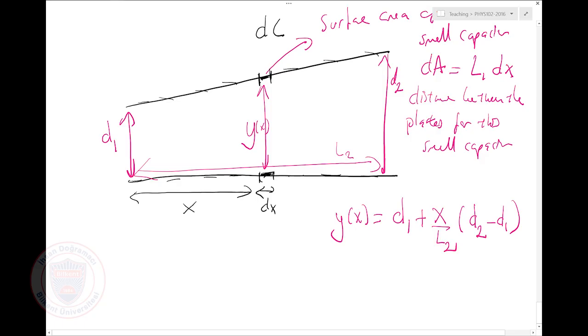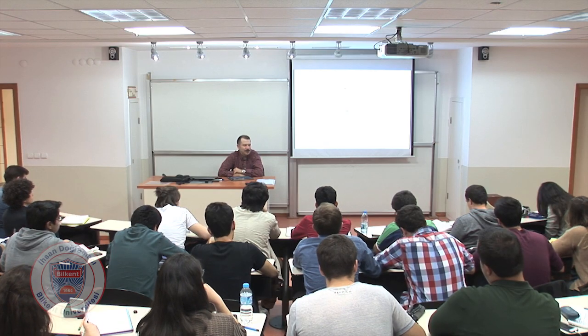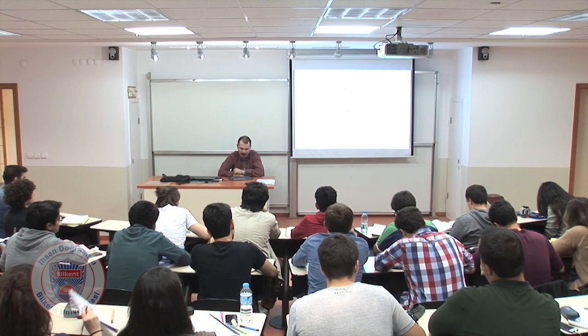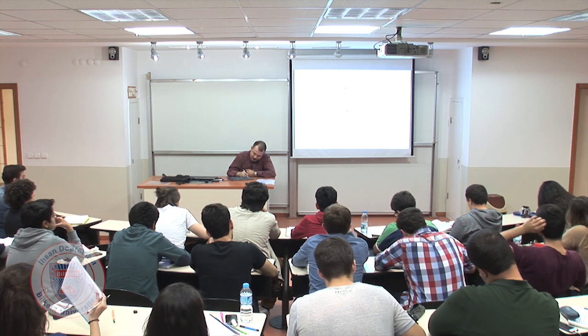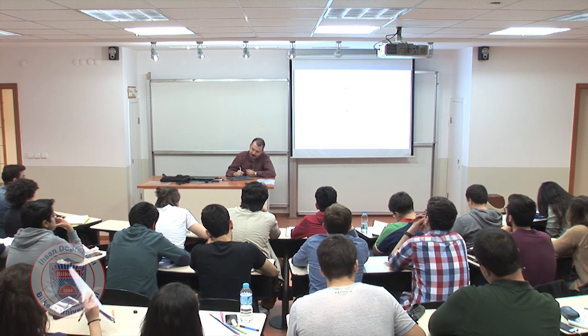Did I do this super fast? I just said y of x equals 0 is d1, and y of x equals L2 is d2. It's a linear function. If I fit 2 points, I found the function itself. Or, if you prefer, let me take a triangle here.